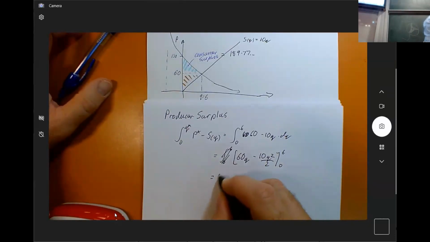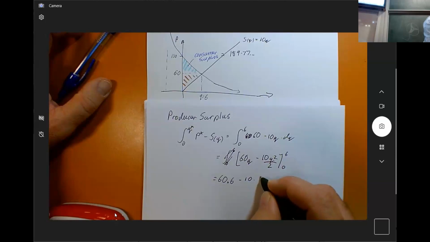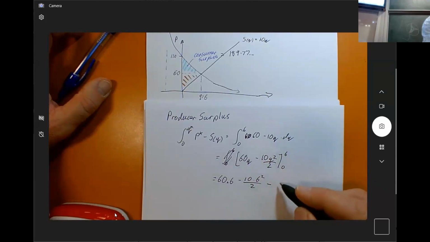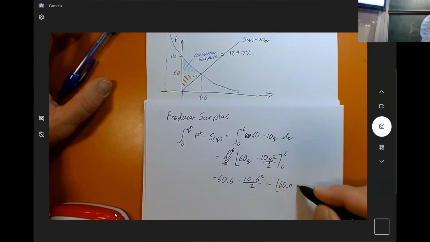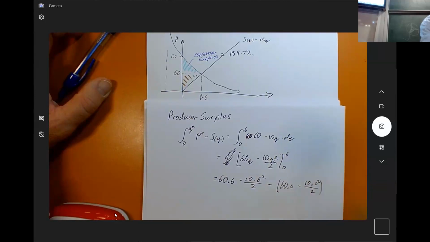So this is going to be 60 times 6 minus 10 times 6 squared on 2, minus 60 times 0 minus 10 times 0 squared on 2.